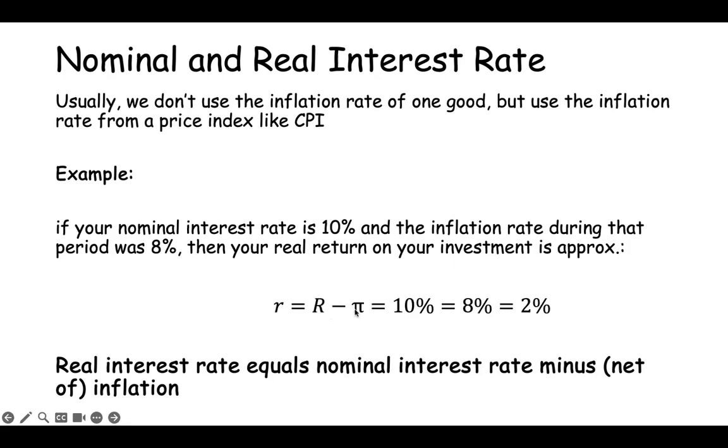So that means that if you invested in stocks during 2022 and you made a 12% return, you have to subtract from that the inflation rate of 8%, and your real return over 2022 was only 4%. Does that make sense?